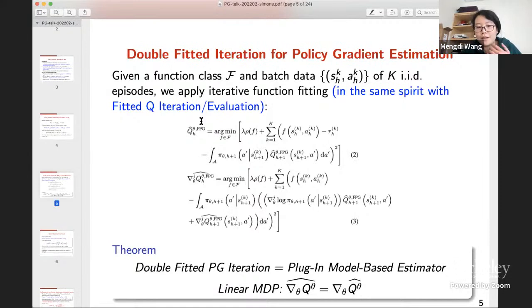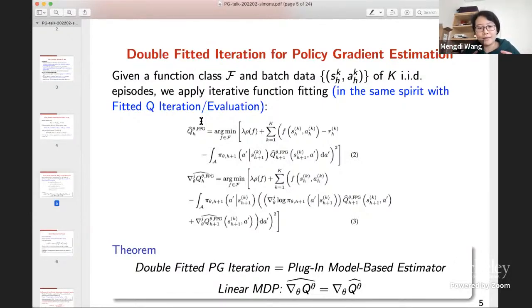So doing fitted Q iteration or fitted Q evaluation or fitted PG iteration, they are all equivalent to a model-based plug-in estimator. Plug-in estimator means that whenever we have a batch data, if we project the transitions in the batch data to our function class, then essentially we're getting an approximate transition operator, which is an estimate of the transition model of the MDP.